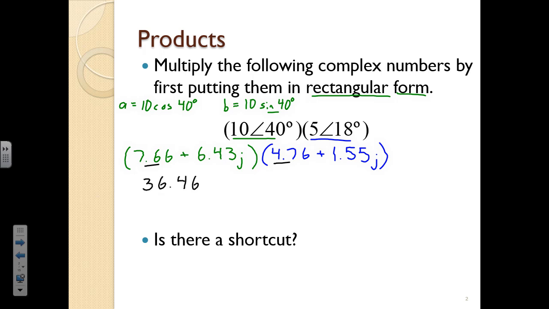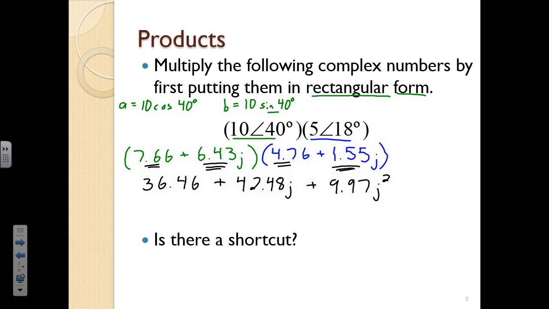36.46. If we take 7.66 times 1.55j, that is to say the O in FOIL, and 6.43j times 4.76, and combine all those together, we get 42.48j. And then if we take our last term here, 6.43j times 1.55j, we end up with plus 9.97j squared.